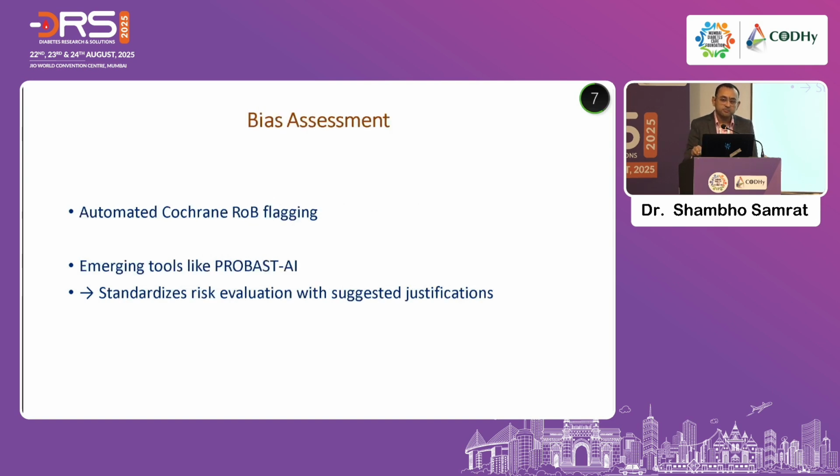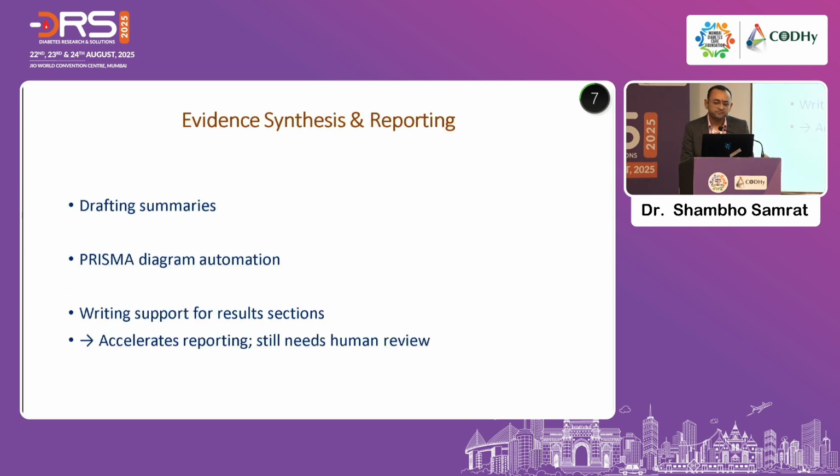When we talk about bias assessment, which is a very important area for systematic review meta-analysis, we can use artificial intelligence tools like RobotReviewer AI, which standardizes risk evaluation with suggested justification. So this is one type of automated Cochrane risk of bias flagging.